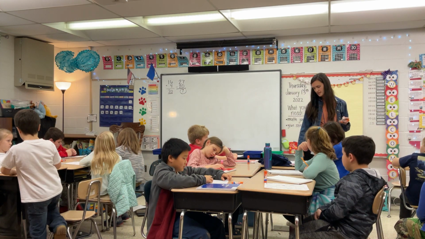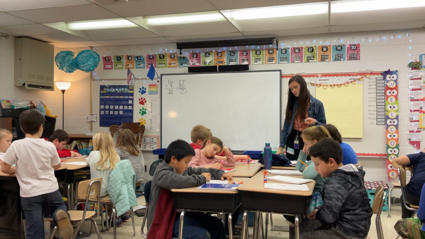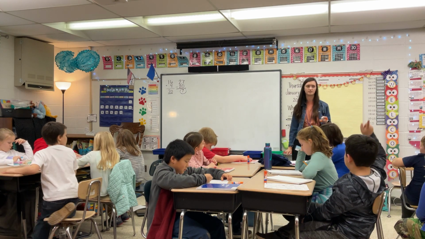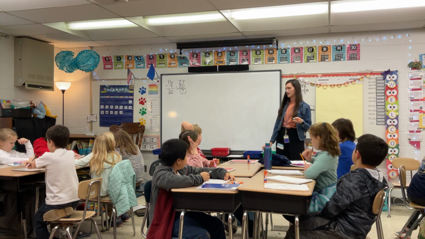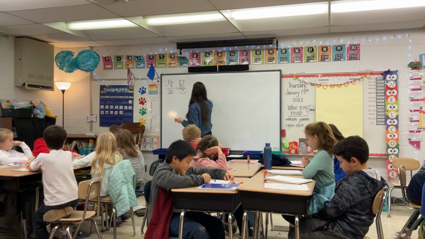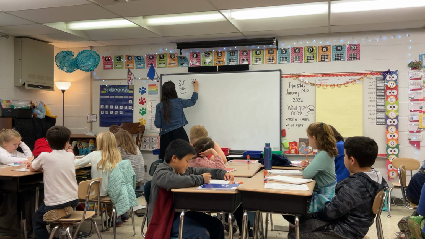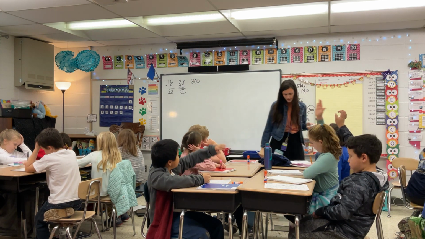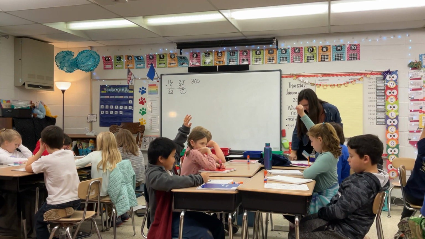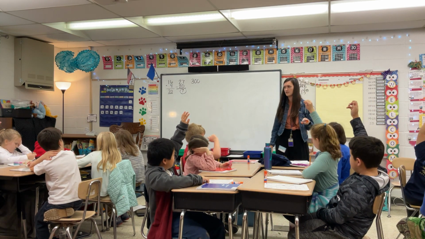Next, round these numbers to the nearest 100. 324, rounded to the nearest 100. Yes, Macy. 300. Bingo. That's the answer to the first one. What is the next number? 558, rounded to the nearest 100.